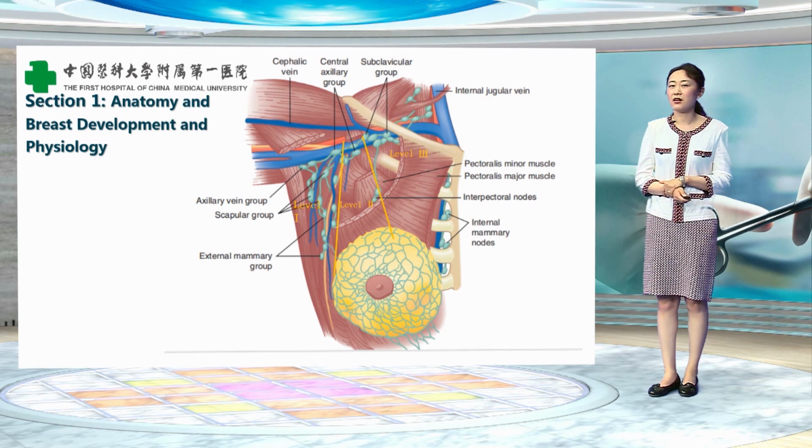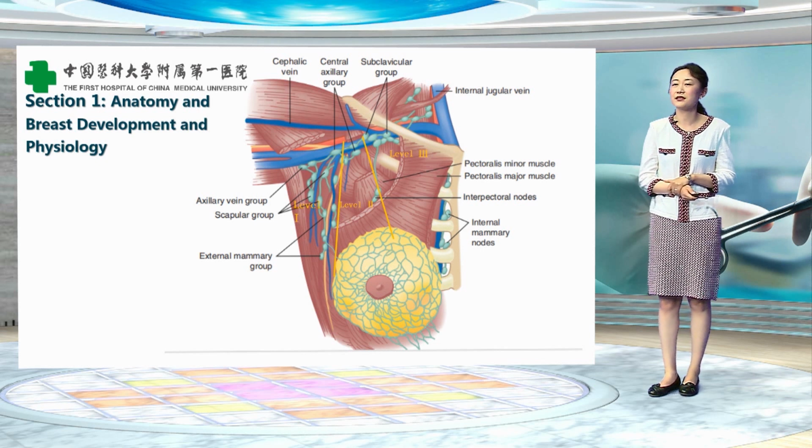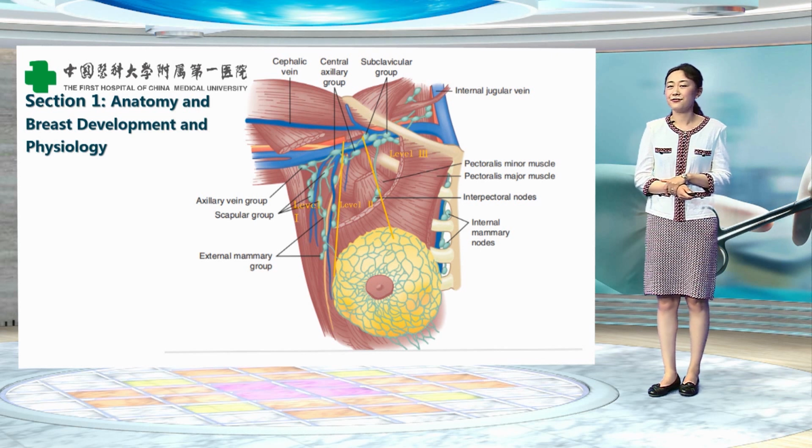The breast is abundant in lymphatic channels, and lymph flows from the skin to the subareolar plexus firstly. It is also called the Sappey plexus, and then into the interlobular lymphatics of the breast parenchyma. First the subcutaneous, and then into the parenchyma of the breast.